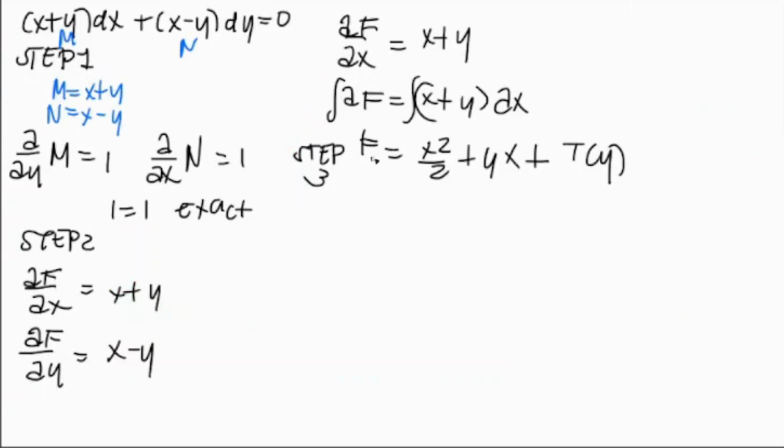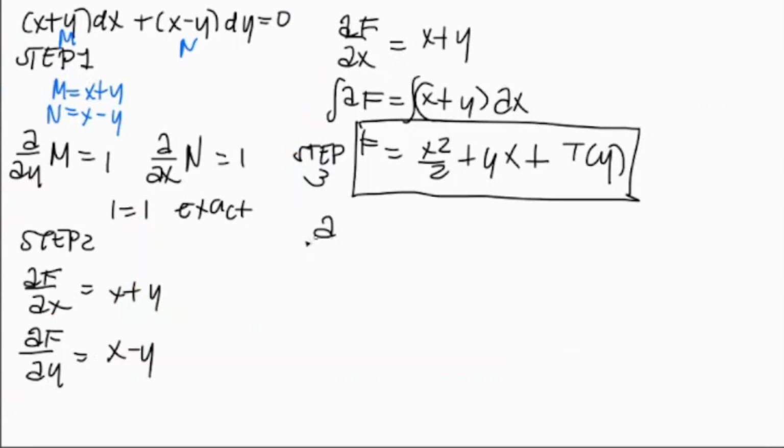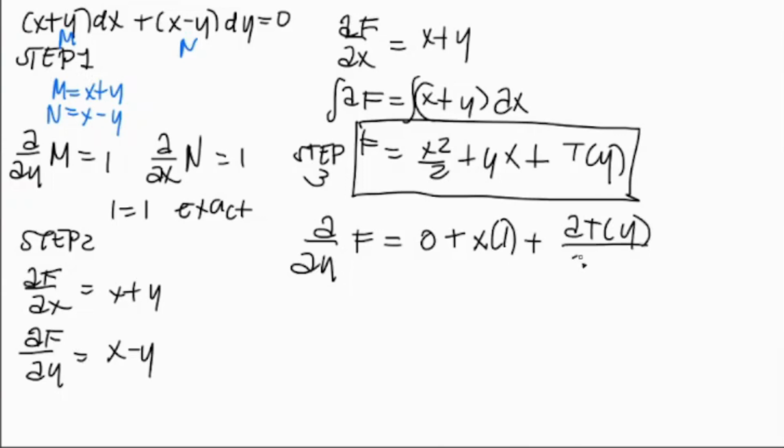So, i-differentiate natin tong f function na to by d over dy. d over dy of x squared over 2 is just 0 kasi consider siya as constant kasi may x. So, 0 plus x is considered as a constant, so copy times 1 plus dt of y over dy.